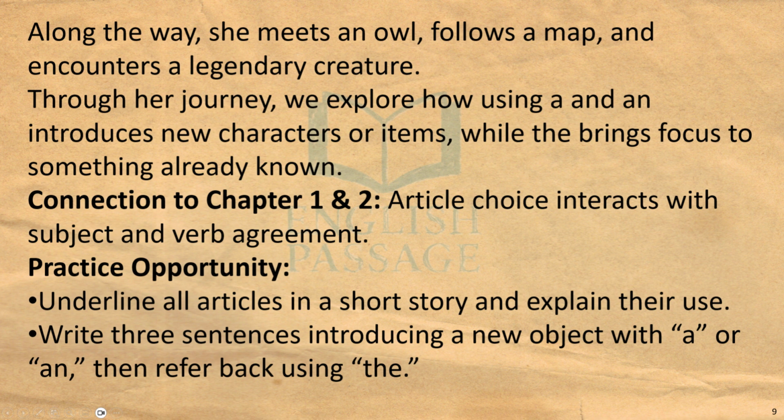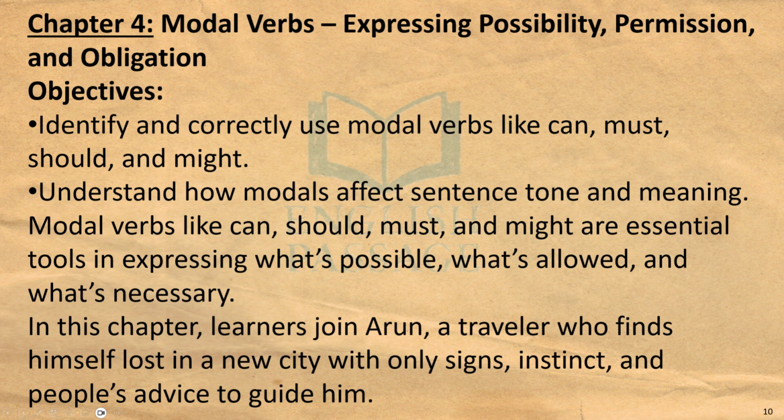Connection to Chapters 1 and 2. Article choice interacts with subject and verb agreement. Practice opportunity. Underline all articles in a short story and explain their use. Write 3 sentences introducing a new object with a or an, then refer back using the.